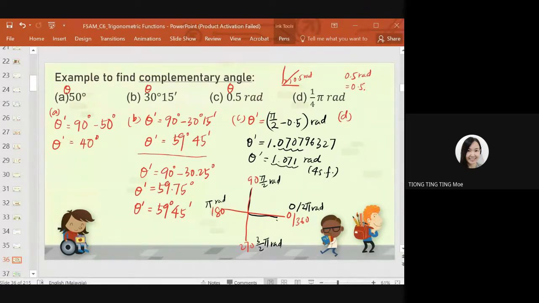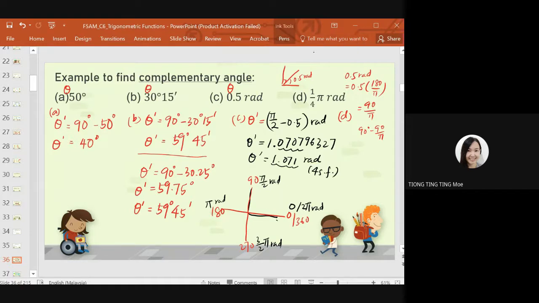Radian to degree becomes bigger, so multiply by 180 over pi. So you will get 90 over pi. So it's 90 degrees minus 90 over pi.